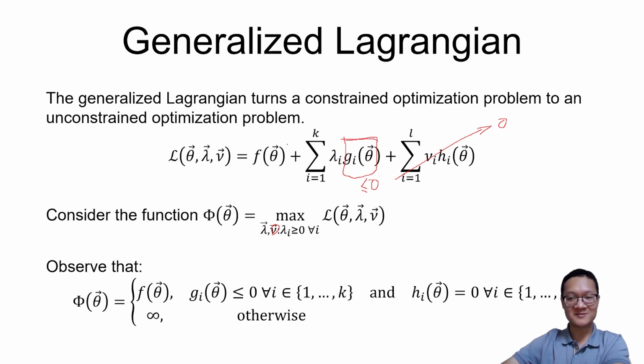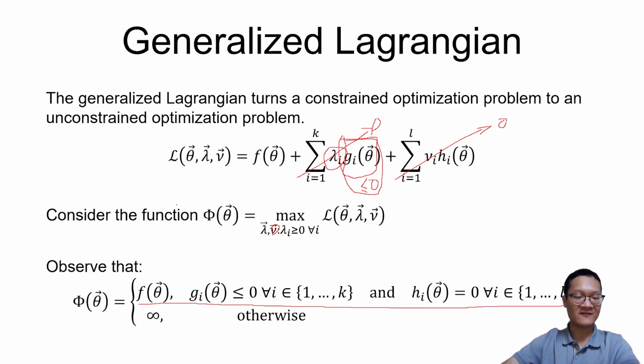If you multiply by a positive lambda_i, you would be decreasing the overall value. So the best thing you can do if you want to maximize L is to pick all the lambdas to be 0. When you pick all the lambda_i's to be 0, this whole thing becomes 0 as well, and you're back to f of theta. So that's the first case. Phi of theta actually equals f of theta whenever all the constraints are satisfied.